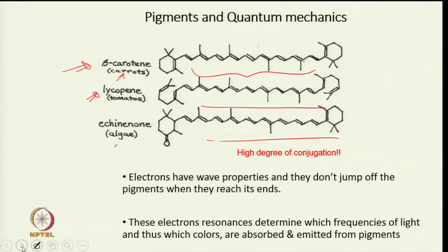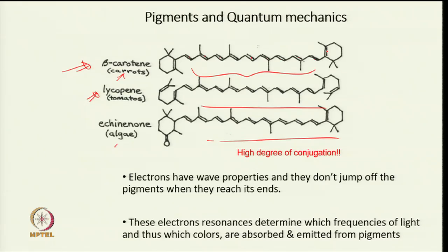And same thing you can do here. You see here conjugation 2, 4, 6, 8, 10, 12, 14, 16, 18, 20 and 22. These are the number of electrons in conjugation.